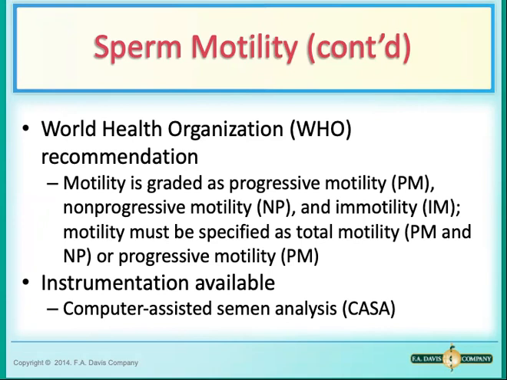So motility must be specified as a total motility, which is PM and NP, or progressive motility. And your book has a table, table 11.4, that shows you the different criteria as described by the WHO. You're evaluating the way that it moves, basically, what directions.